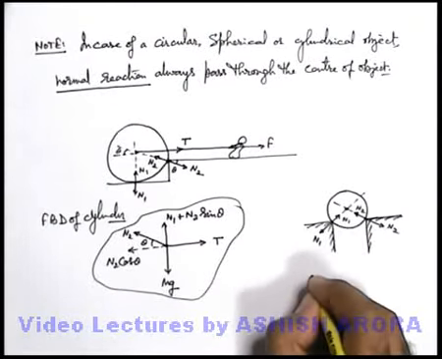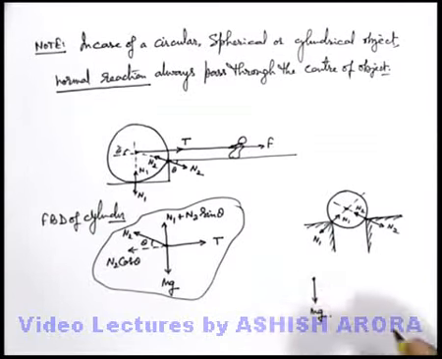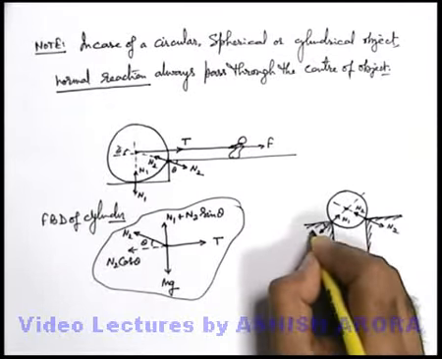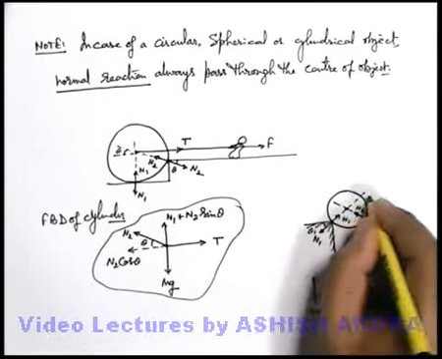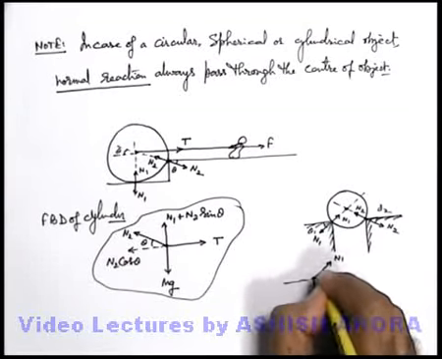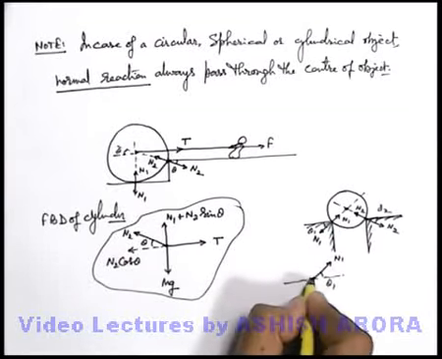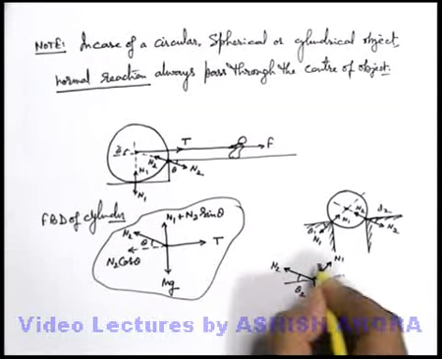If we just draw the free body diagram of this object, in the downward direction it will be experiencing mg. And say if they are acting at angles theta 1 and theta 2 from the horizontal, you can say here N1 will be acting at an angle theta 1 with the horizontal and N2 will be acting at an angle theta 2 from the horizontal.